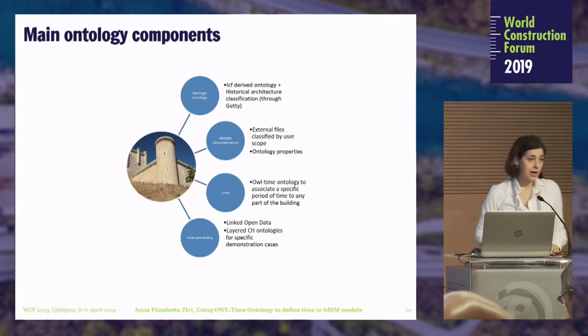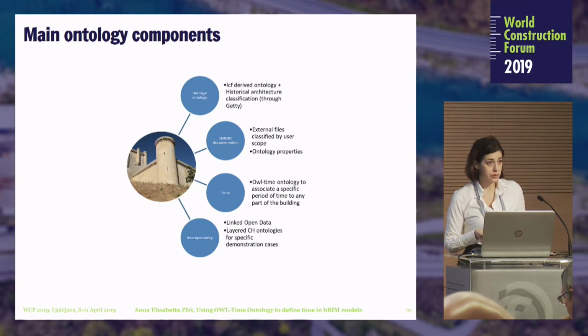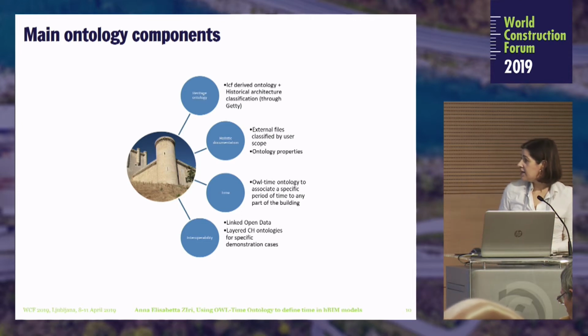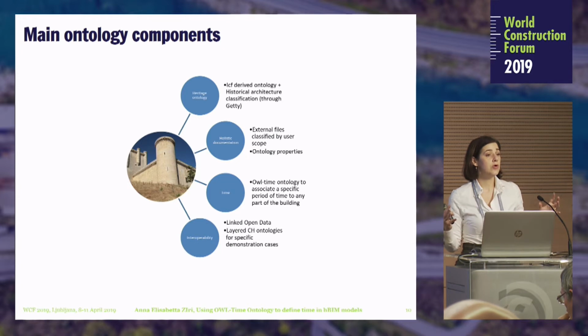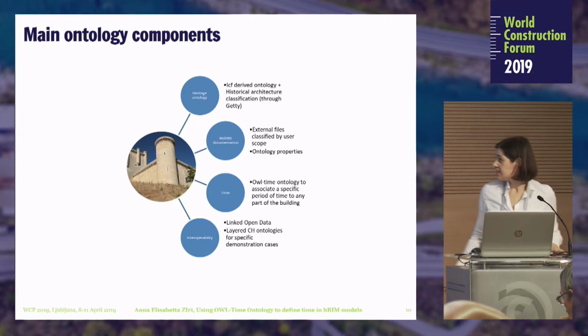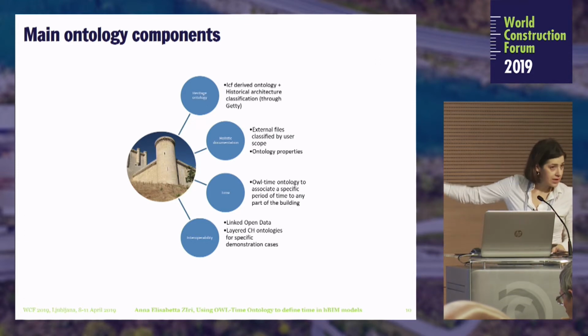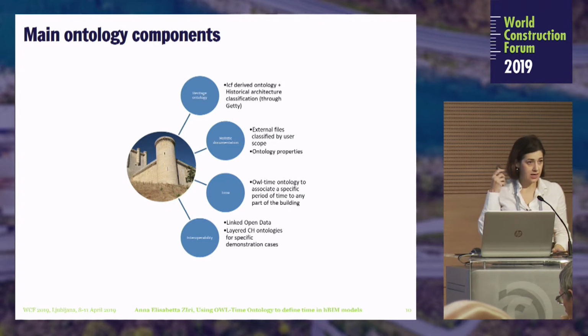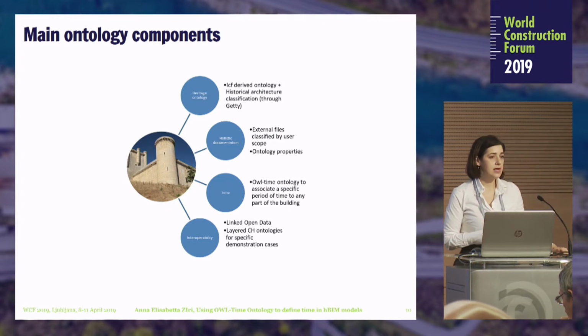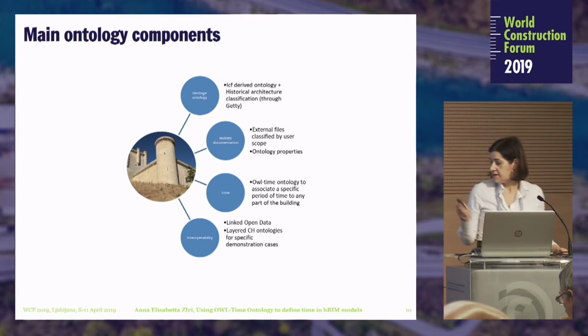We have our time ontology to define time in a standard way, and we have the possibility to link everything inside the model with external linked open data, like Europeana assets, etc., or the Getty vocabulary. It is seamlessly linked in the model, only using the correct standard.